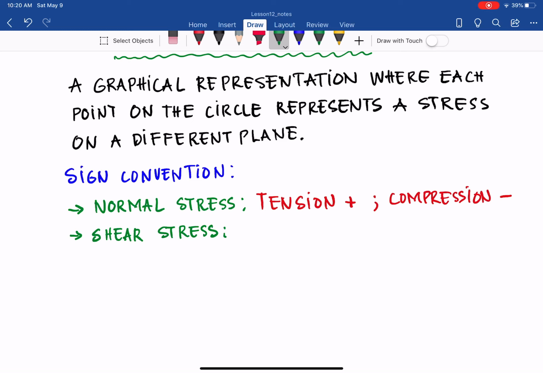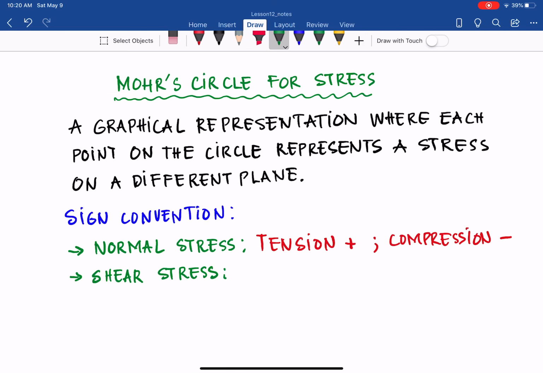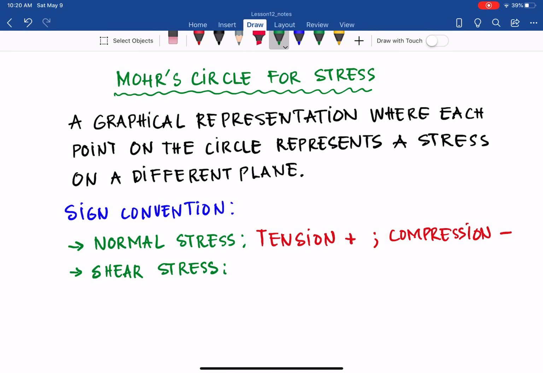If the shear stress follows the positive y or x-axis on the positive x or positive y plane, we call it positive. For example, tau xy: if tau xy goes in the positive y-axis, then it is positive in the analytical method with the equation.